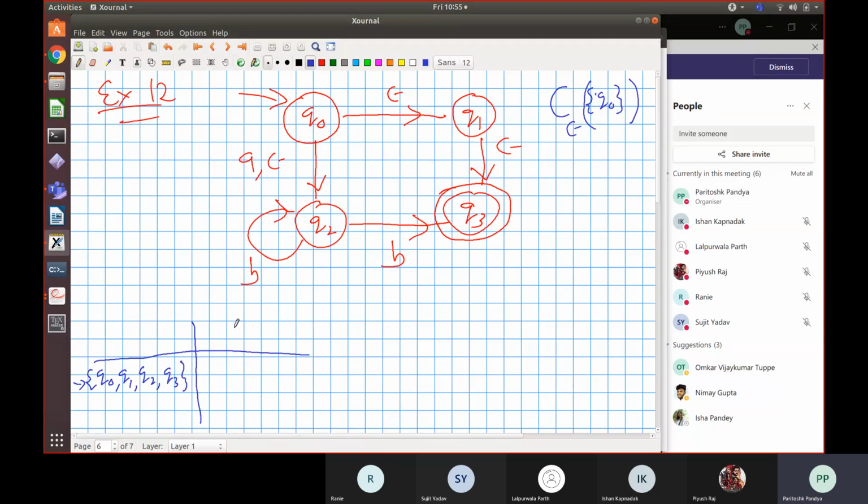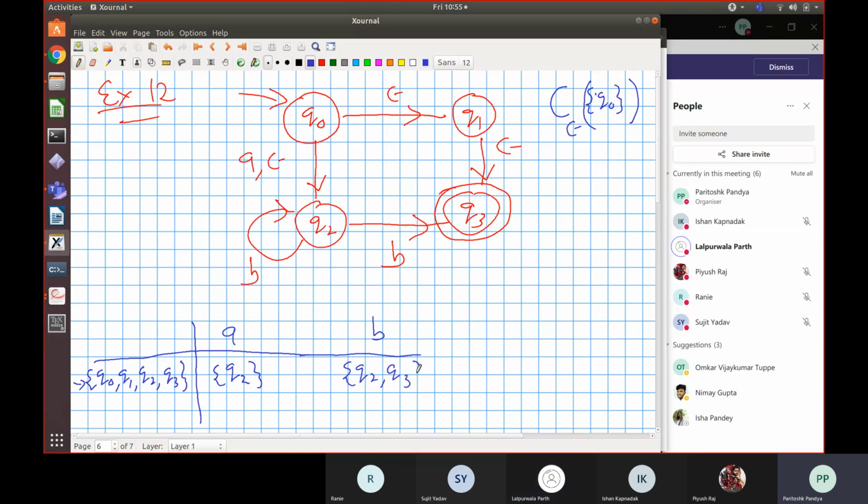And then I've got two letters, A and B. So what happens on an A from this set? Q2. From an A, Q0 will go to this, and nothing else has an A transition. So I will just go to Q2. On a B, Q2, Q3.